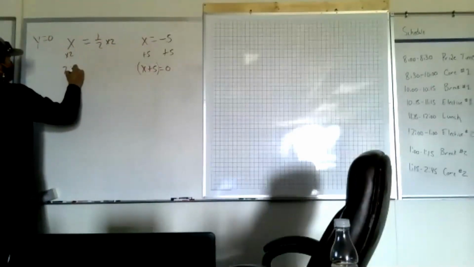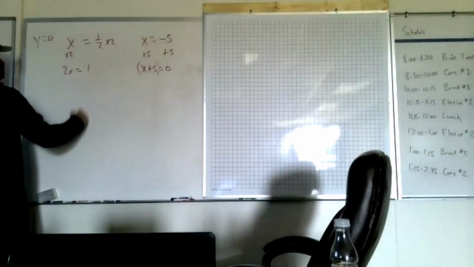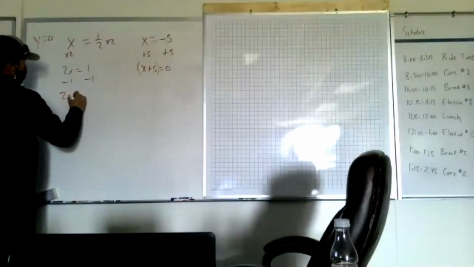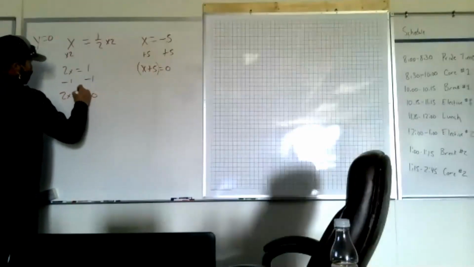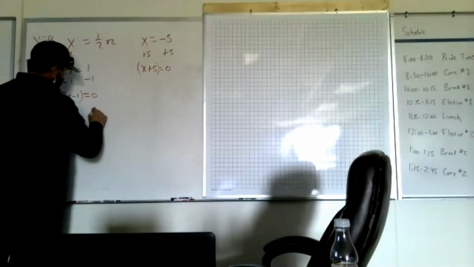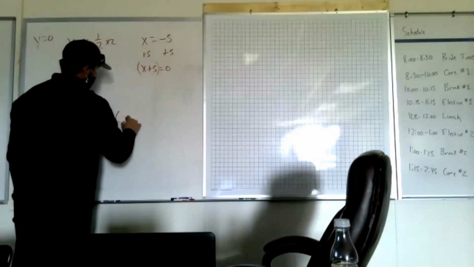That gives us 2x is equal to 1. And then we minus 1 on both sides. So 2x minus 1 is equal to 0, and that's our second binomial term. At this point, we have our factored form: 2x minus 1, x plus 5.